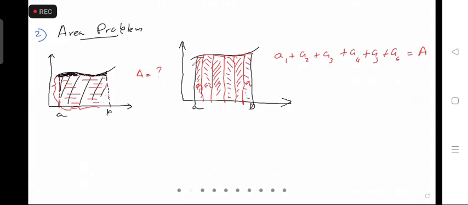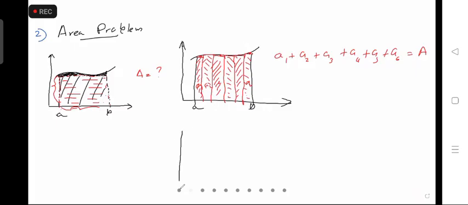Why? Still, we have missed several areas, right? But this one is better than the previous one. Okay, now you have some point.